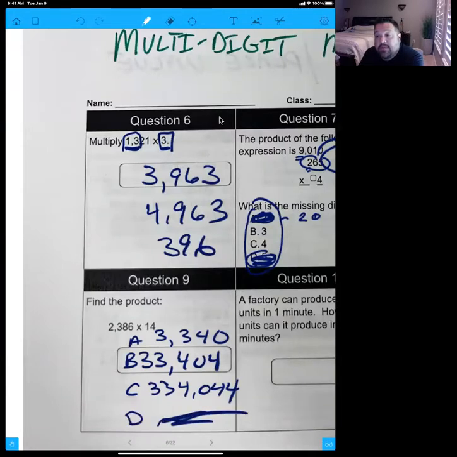If you pay attention ahead of time, you'll realize something in the 2000s times 10 is going to have to give you something in the 10,000s place. This is the only one that's in the 10,000s place. So make sure you take a look at that because it can help you on the problems.